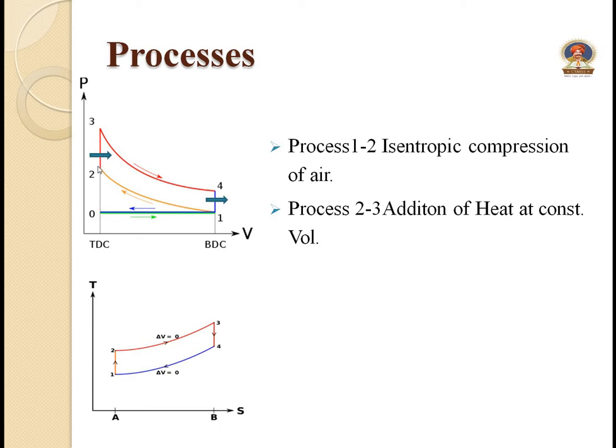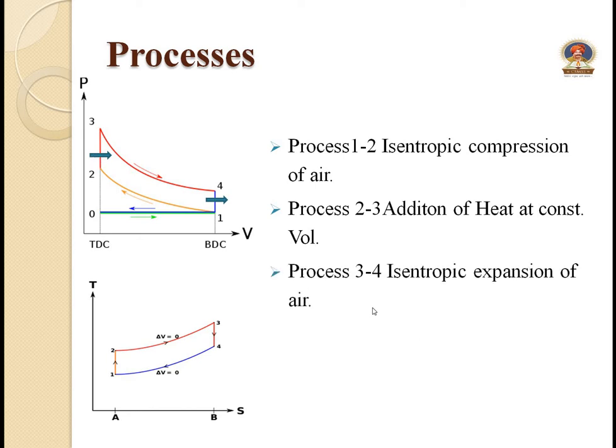As you can see in the PV diagram, line 2 to 3 indicates a constant volume process, in which pressure and temperature go on increasing, and at constant volume heat addition takes place.